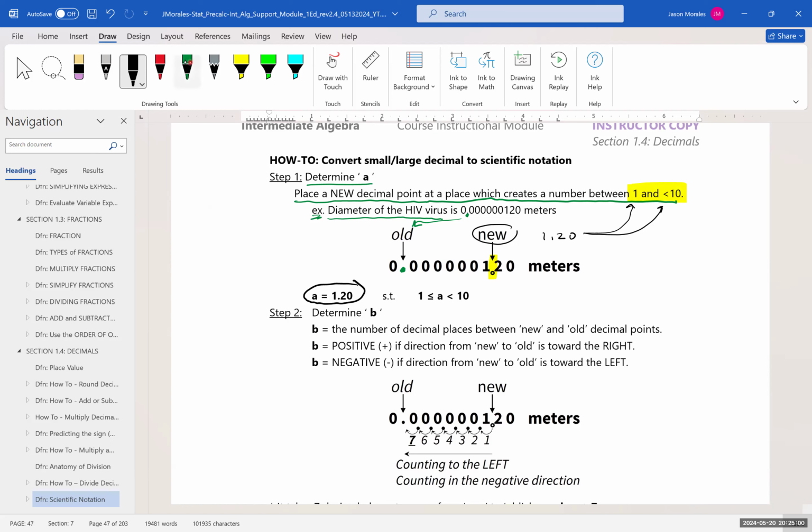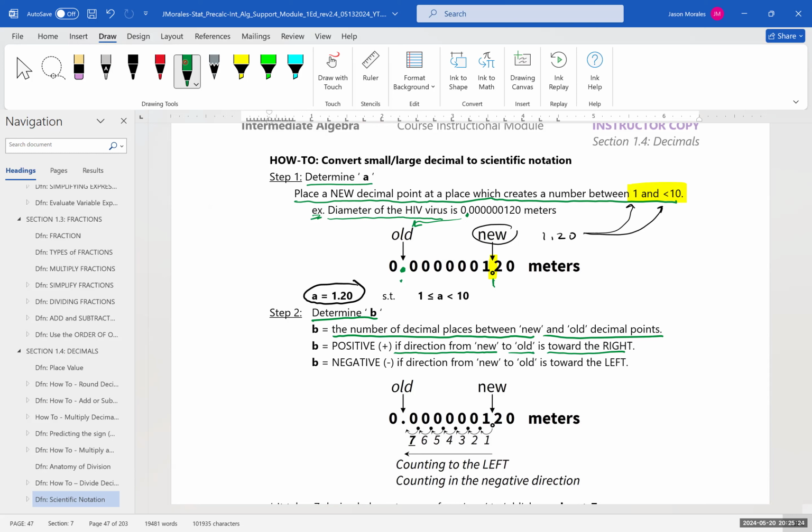Now, step 2 is to determine B, the exponent. B is the number of decimal places between the new and the old decimal points. Here's the new, there's the old. B is going to be positive if the direction from new to old is to the right.